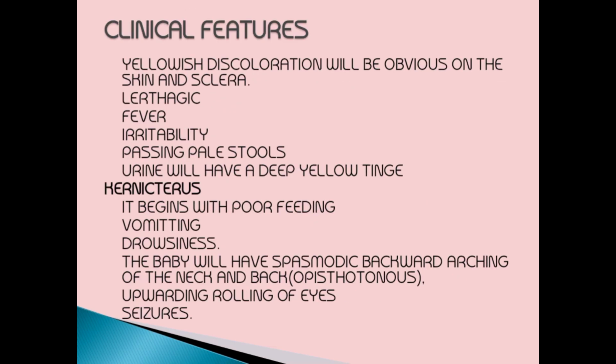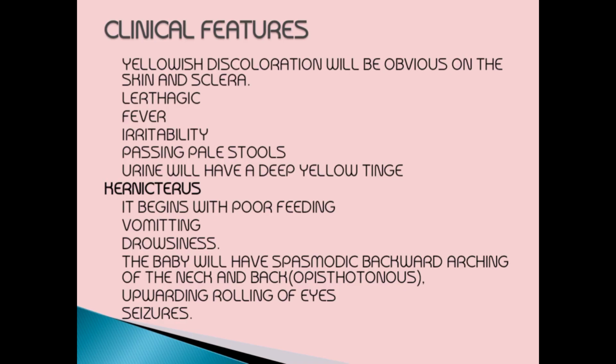So the clinical features, from the pathophysiology and the definition, we can get them. We have the yellowish discoloration of the skin, lethargy, fever, irritability, passing of pale stool, and urine with a deep yellow color. We also have kernicterus, where the bilirubin goes into the brain.